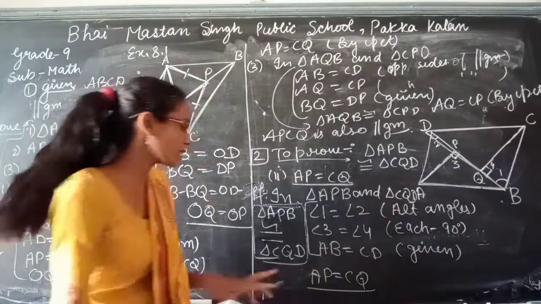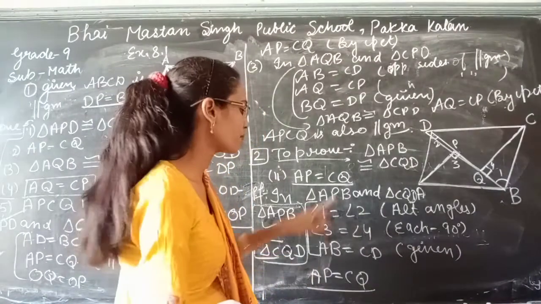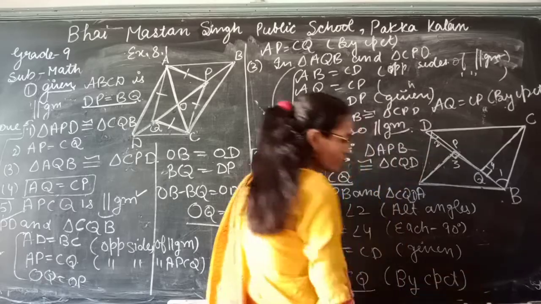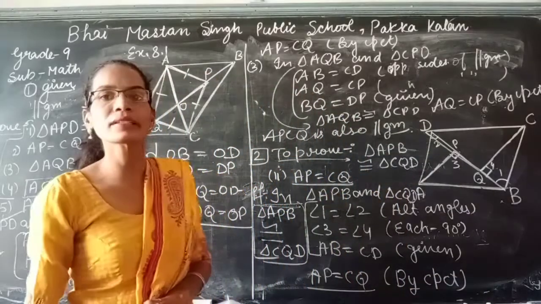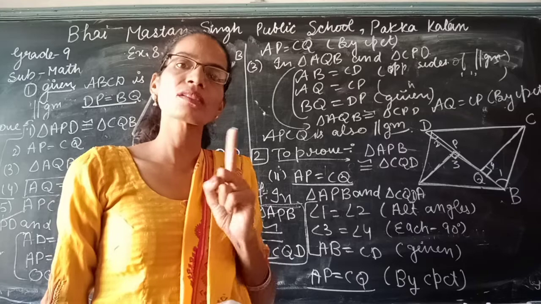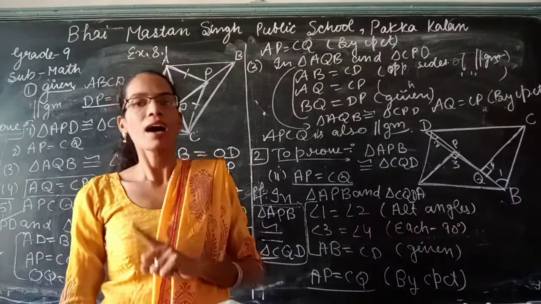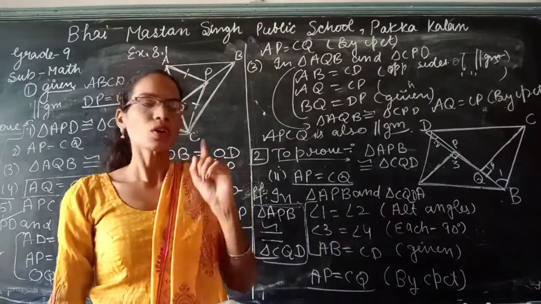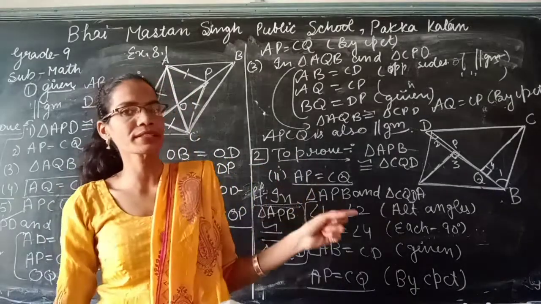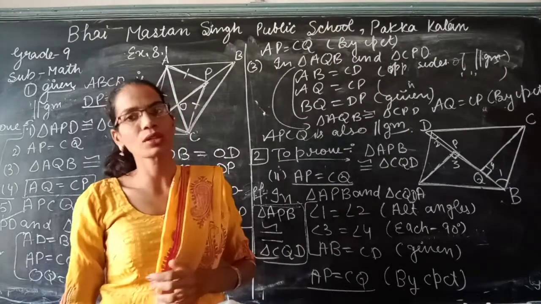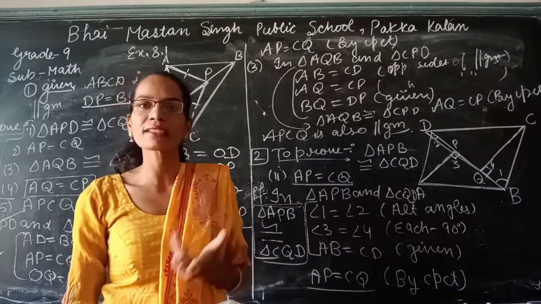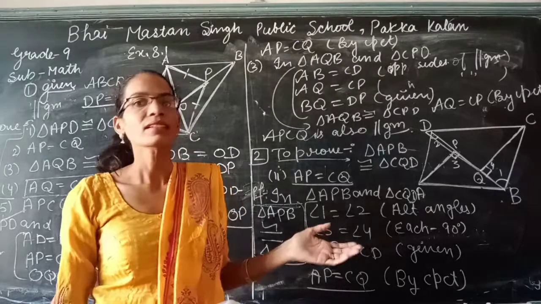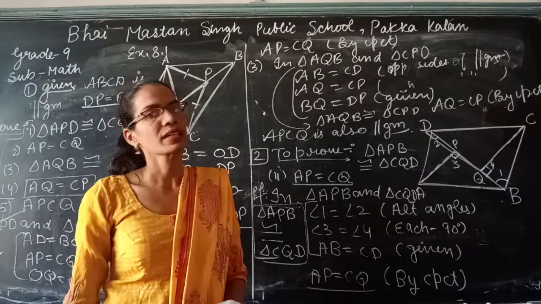Because by CPCT. CPCT full form is corresponding parts of congruent triangles are always equal. So if two triangles are congruent, then each and every corresponding part, sides and angles, all are equal. Clear to you?